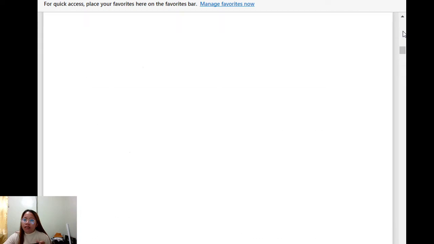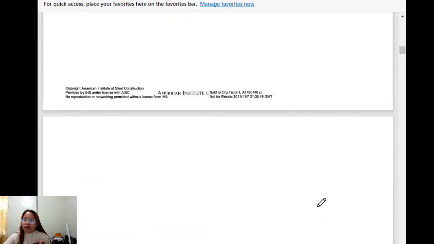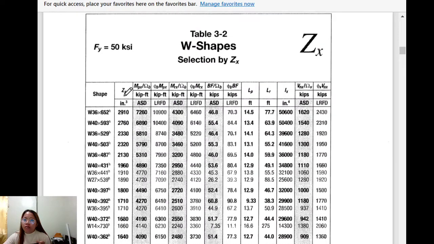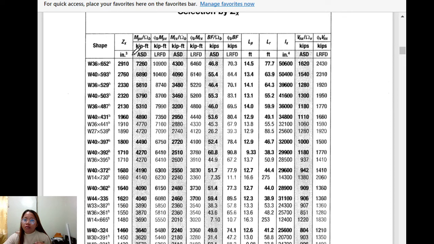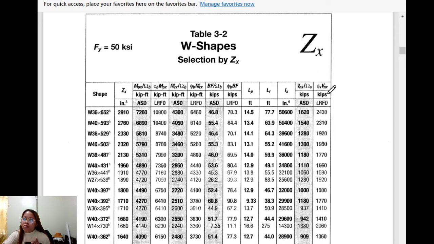Yes, like this one, the Zx for Fy equal to 50 ksi. Then you have the shape in the first column, then the values of the plastic section modulus, Zx, and in the last two columns of the table are the values of the ASD allowable shear strength and the LRFD design shear strength.